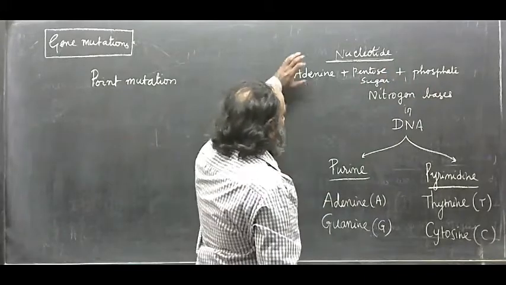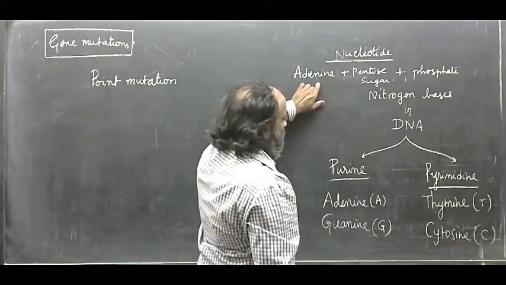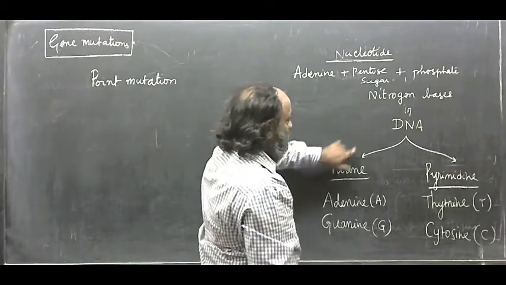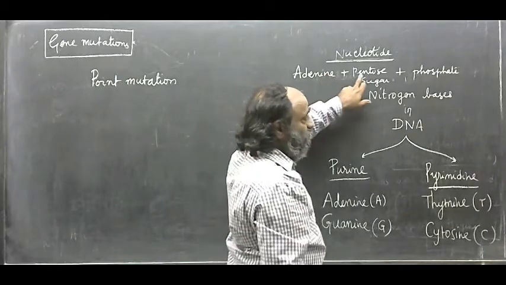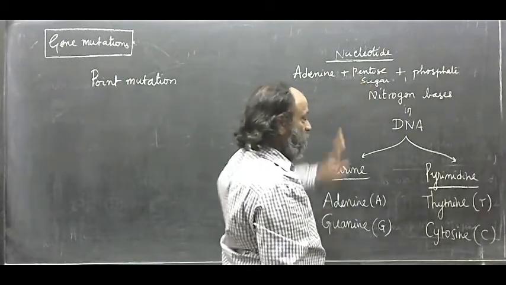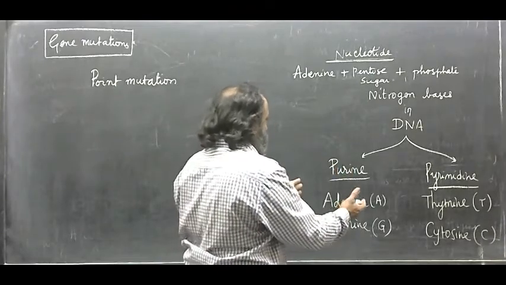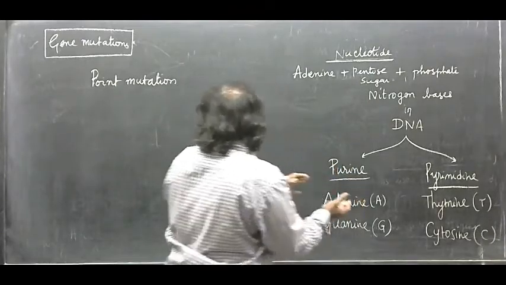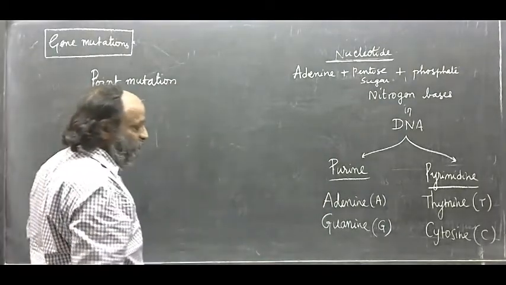So a nucleotide is formed of a nitrogen base, a purine or pyrimidine base, with the pentose sugar and phosphate. You should have this knowledge when you want to understand the mechanism of point mutation or gene mutation.